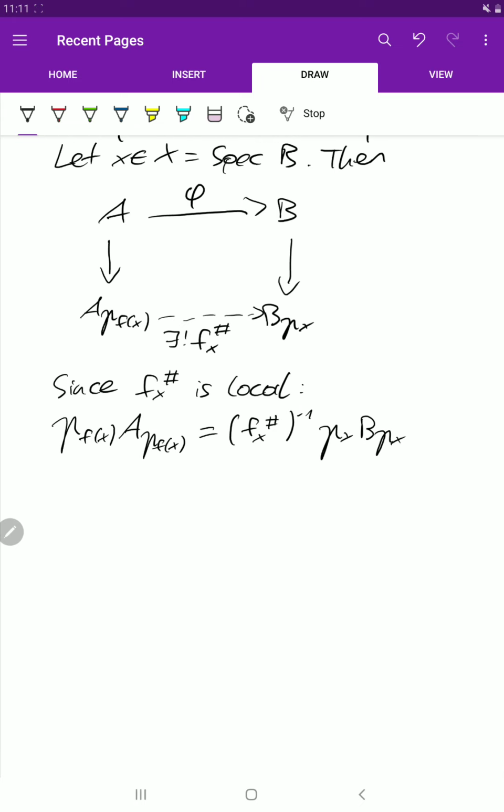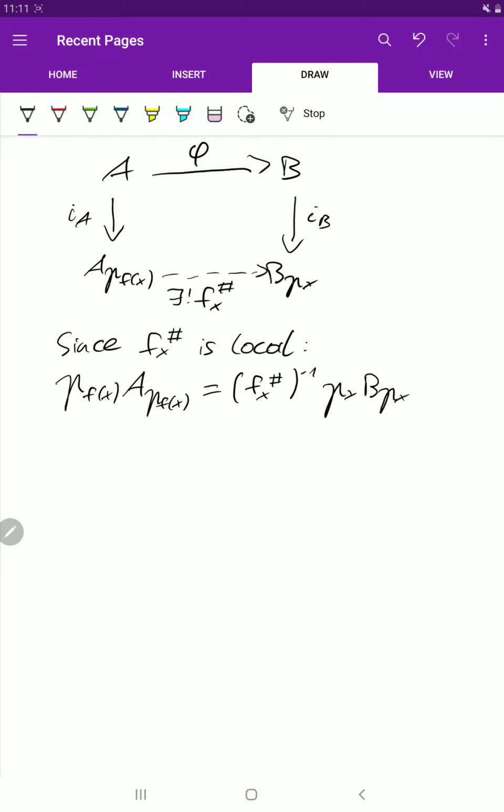Okay, let's now give names here. Let's call them i_A and i_B, even though they don't have to be injections. Now we know that the prime ideal of f of x is just the inverse image under i_A.